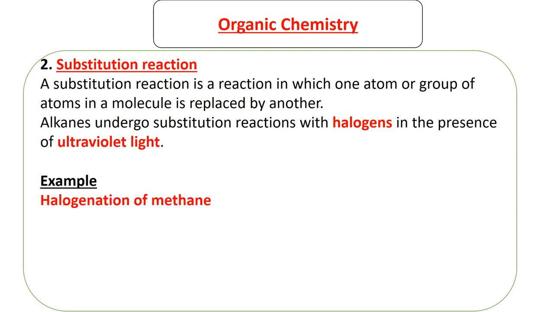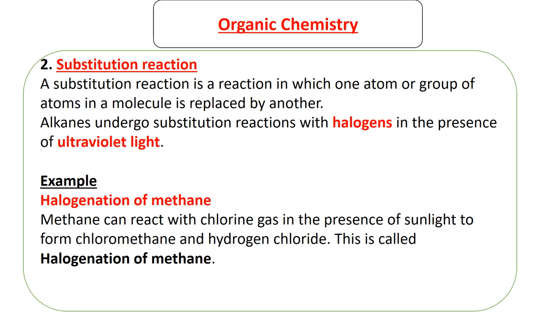Here's an example. The example is where methane is involved and the process is called halogenation of methane. Methane can react with chlorine gas in the presence of sunlight to form chloromethane and hydrogen chloride. This hydrogen chloride is hydrochloric acid, but when it is in gaseous state.